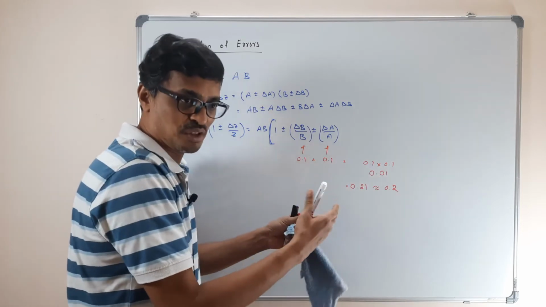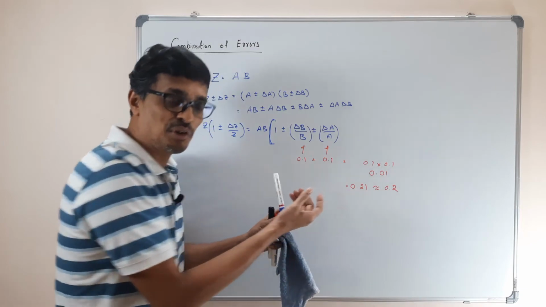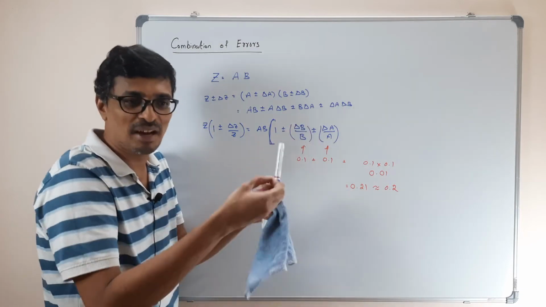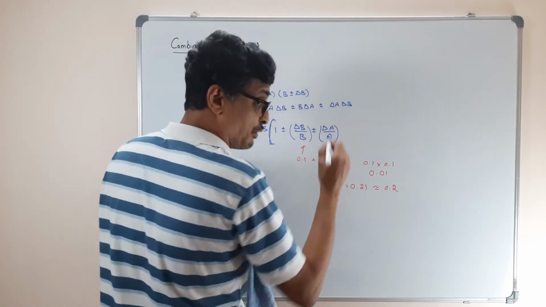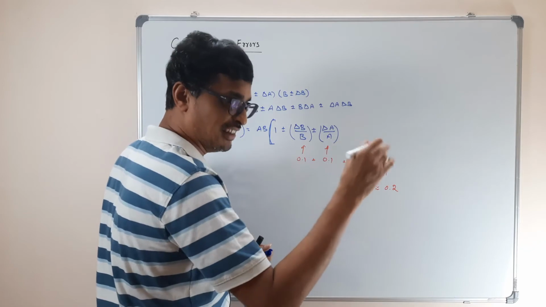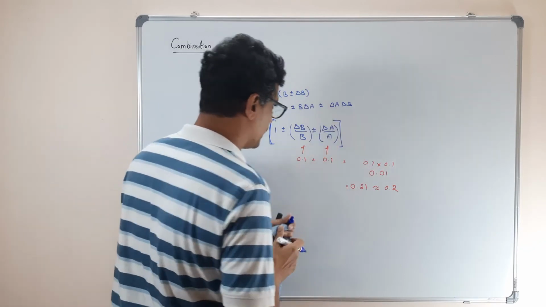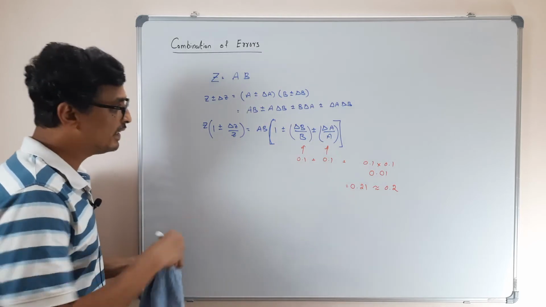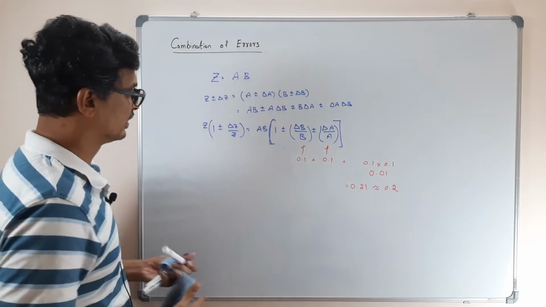Because anyway, I'm telling my error is 0.2. So if it goes to 0.21, it doesn't matter because already it's 0.2 times error. Okay, that you will see next time. In the next section you will see something called significant digits. There you will see up to where you take the number. So I can write it like this: the last product I can neglect and I will get this.